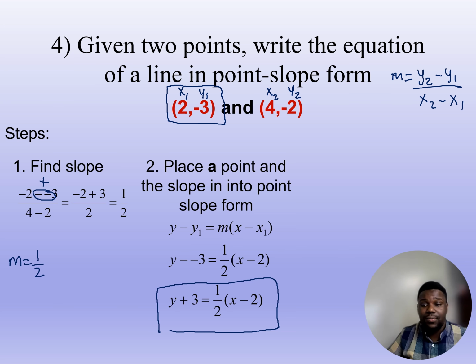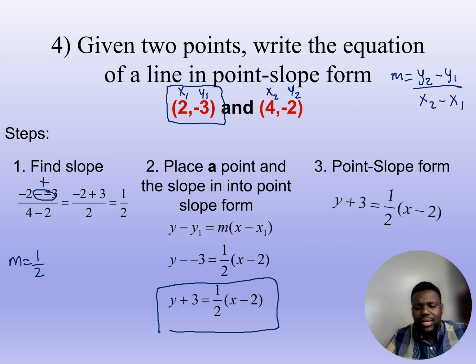And that is it. Now let me also point out that we can write this point slope form into slope intercept form by doing some distribution and so forth, and we'll do that in our next video.